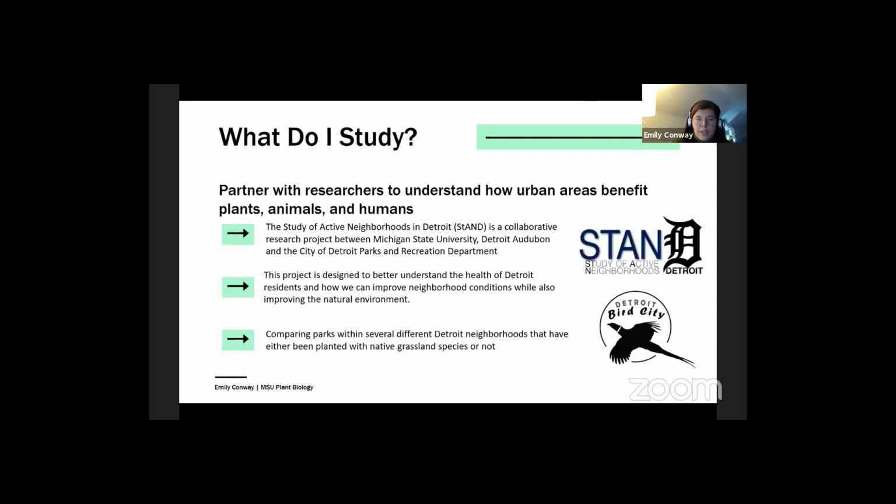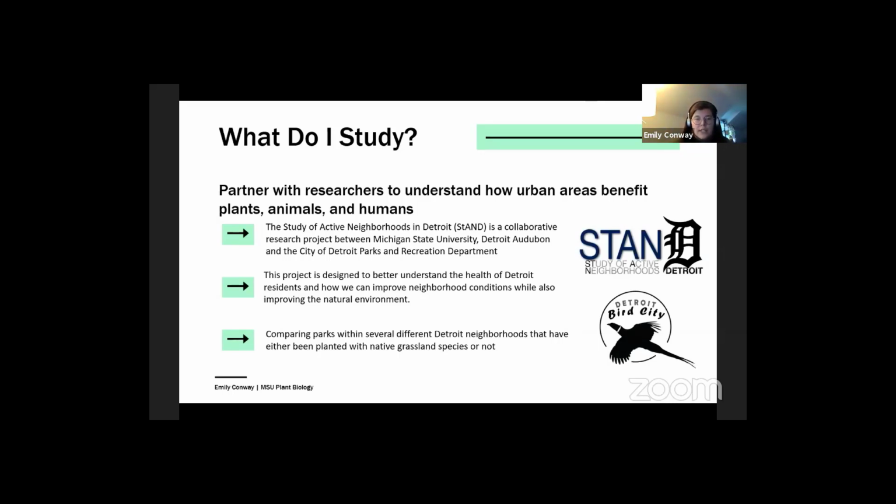Another way that I study urban ecology is by partnering with other researchers. So I am part of this study called the Study of Active Neighborhoods Detroit, or STAND. And this is a large collaborative research project with people from Michigan State, Detroit Audubon, and the City of Detroit Parks and Rec Department.